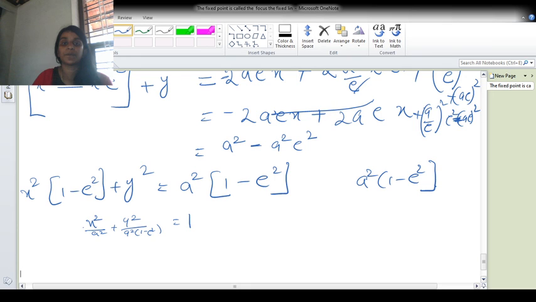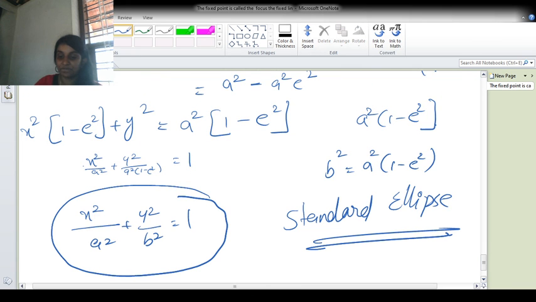Okay, so you know b square equals a square into 1 minus e square. So you can write b square equal to a square minus a square e square. So b square minus a square equals minus a square e square. So a square e square equals a square minus b square.